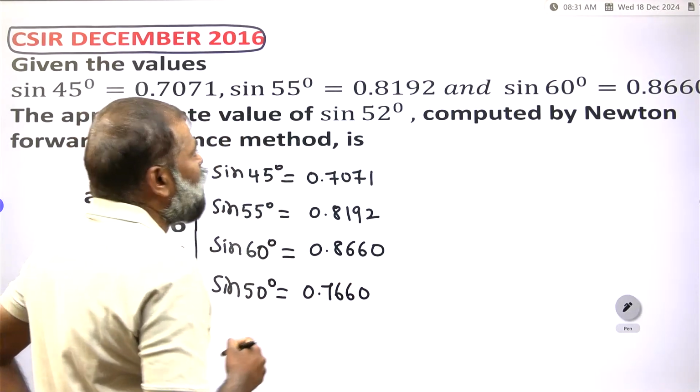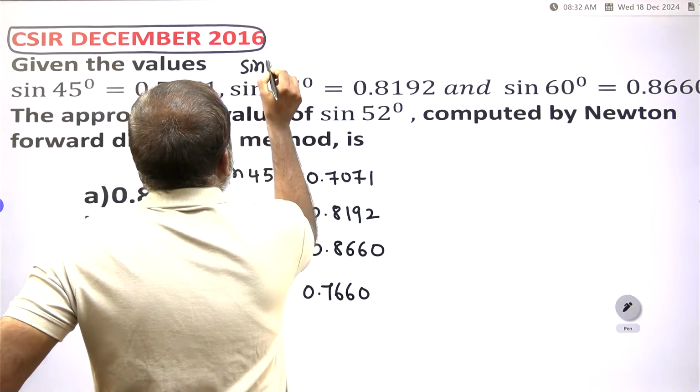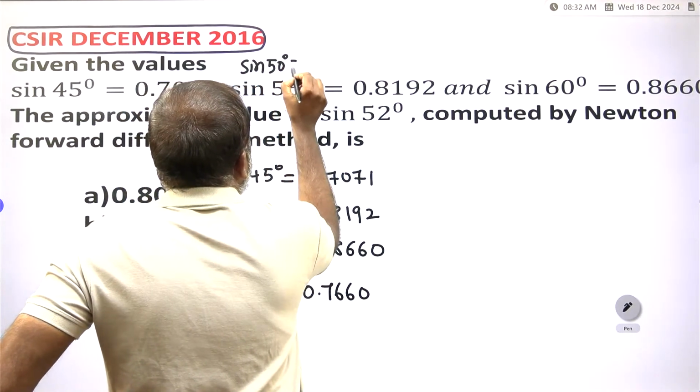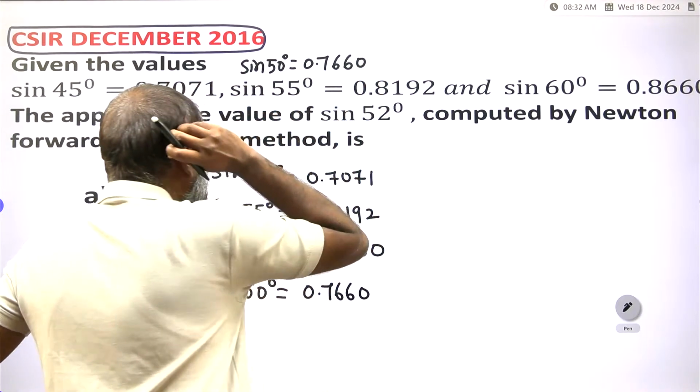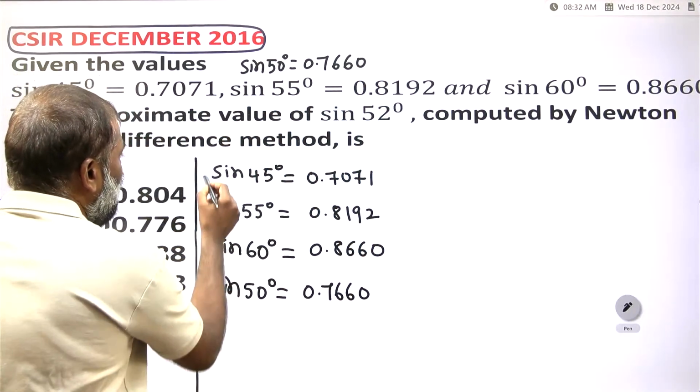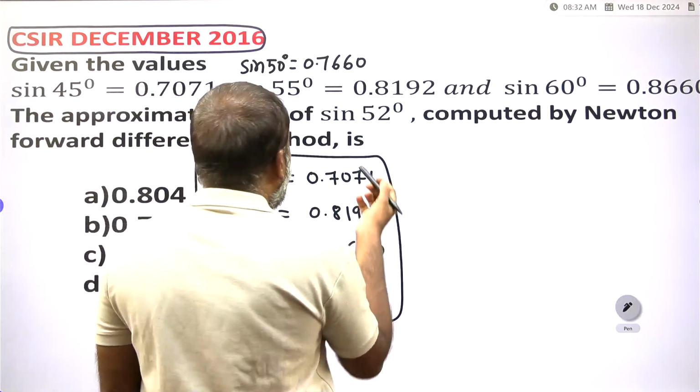Sin 50 is equal to 0.7660. I did not print it. You have to take these four values they are giving. This is the data. Now you have to see what they are asking.